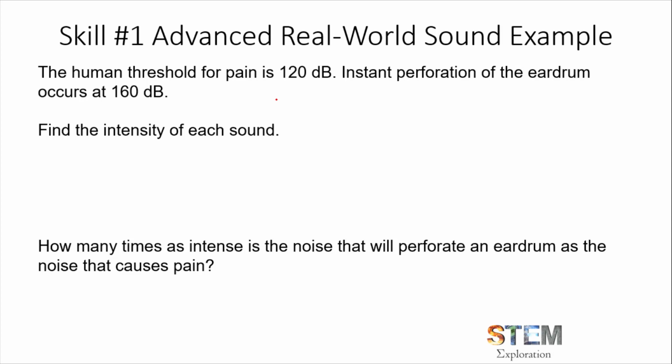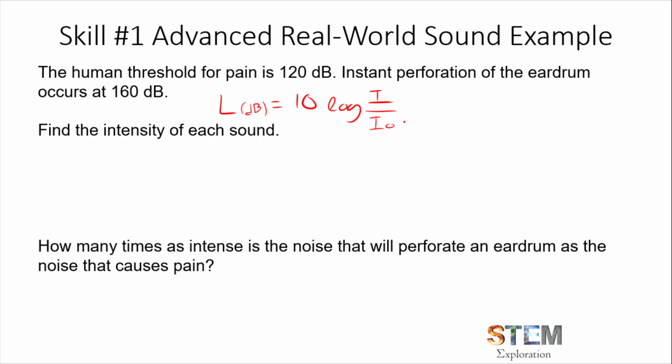Remember that decibels fit into a logarithmic model. The loudness in decibels, dB, is equal to 10 times the log of the actual intensity being observed divided by I naught.